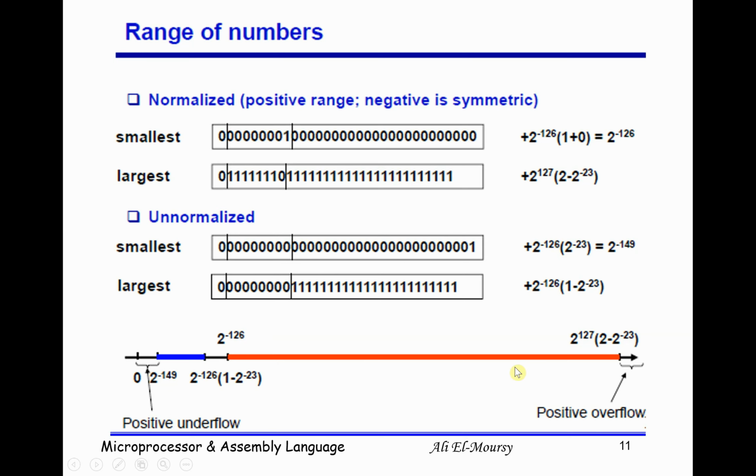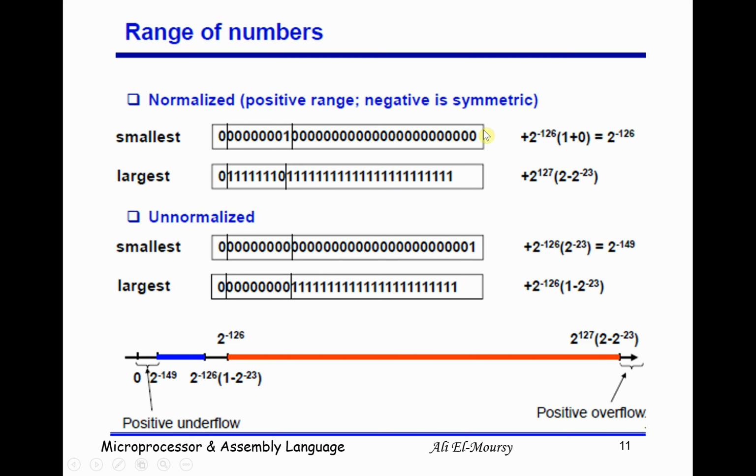To draw those on a chart, to cut the long story short: for normalized numbers, with the exponent 00000001 and the fraction all zeros, the value will be 1 plus zeros, which means 2 to the power minus 126.